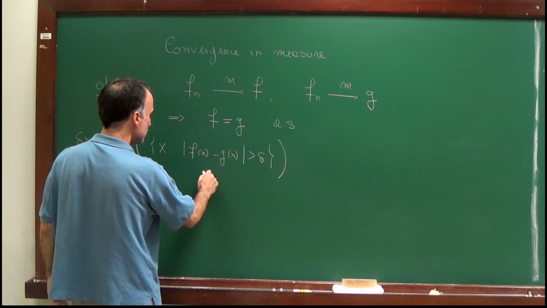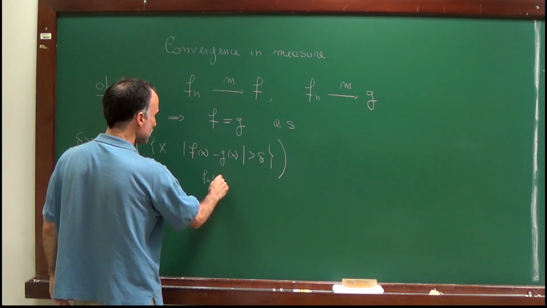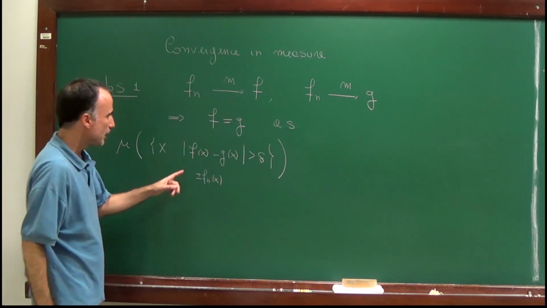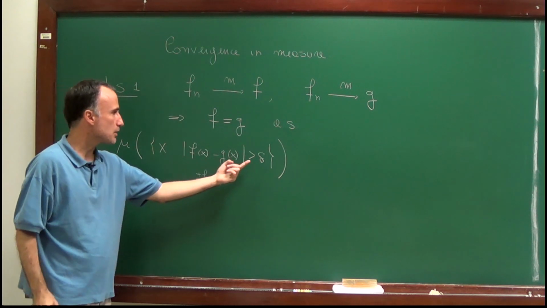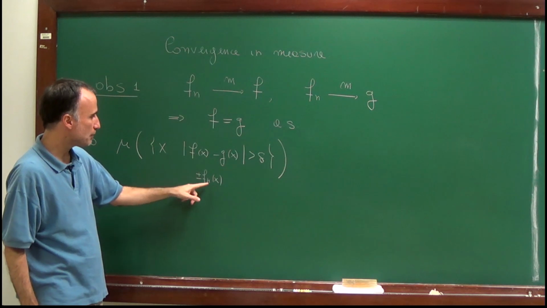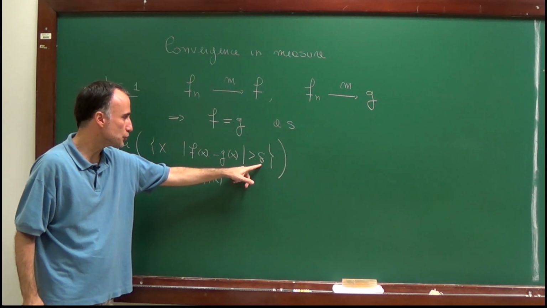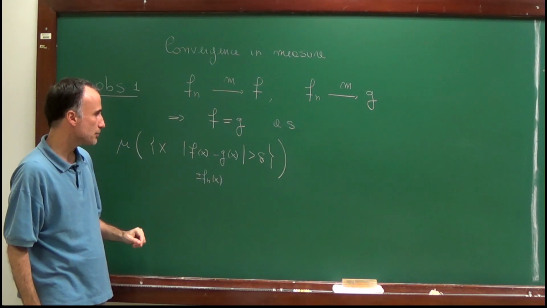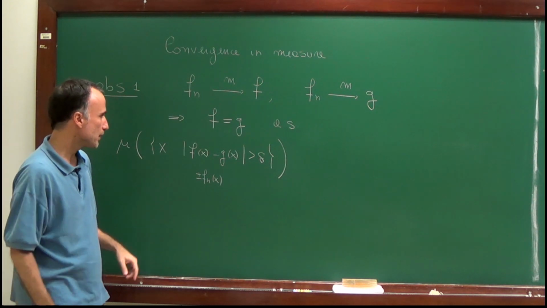I will introduce here minus f_n of x and plus f_n of x, and what I'm saying is that if this difference is larger than delta, then either f minus f_n should be larger than delta over 2, or g minus f_n should be larger than delta over 2.